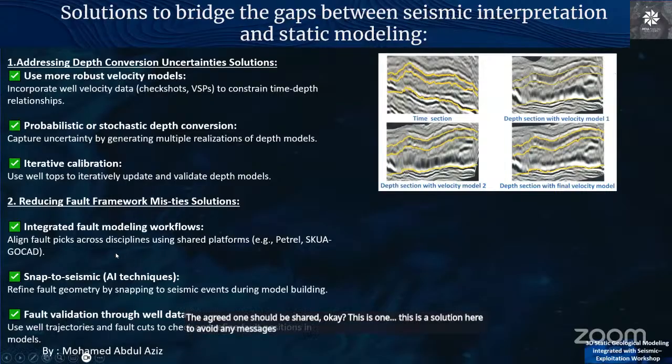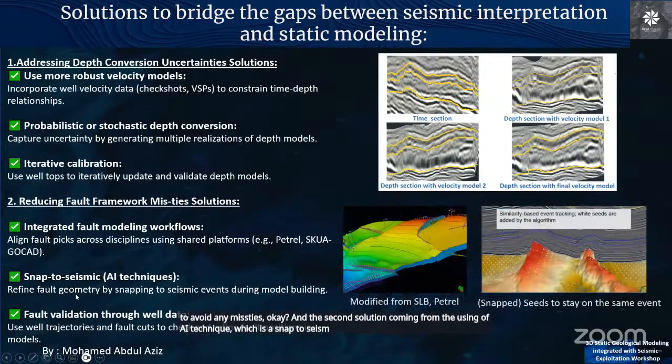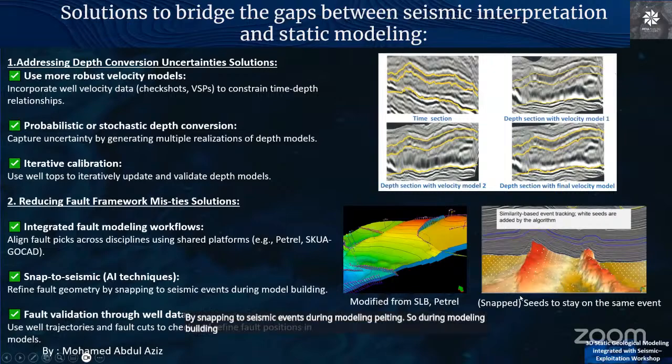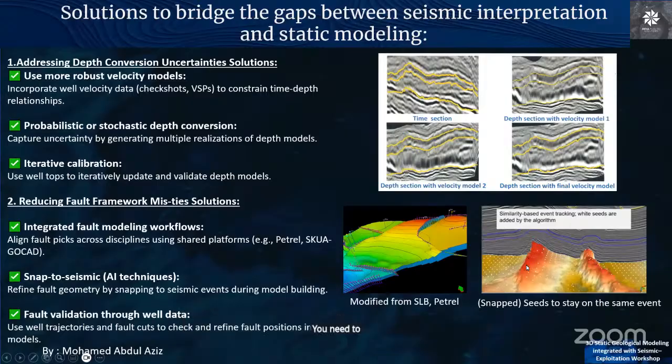And the second solution comes from the use of an AI technique, which is snap to seismic. Refine fault geometry by snapping to seismic events during model building. So during model building or during seismic interpretation, you need some kind of AI to help you. These points are called seeds.